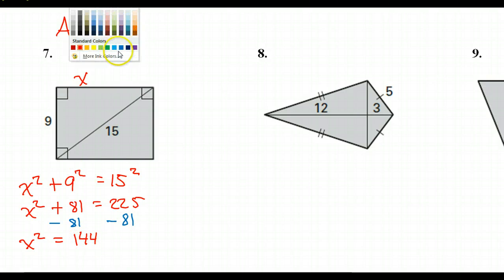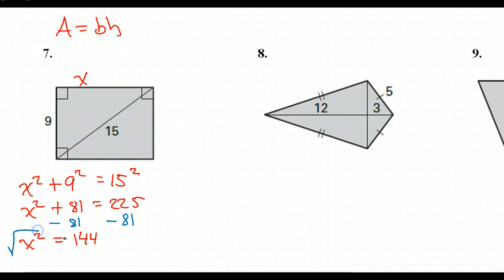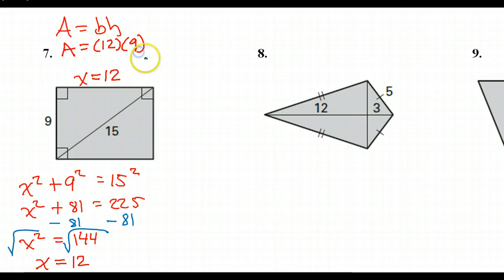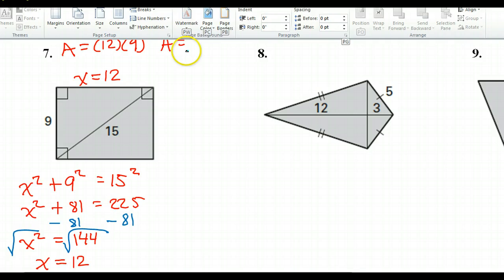Of course, now it's time to take the square root of both sides. And that's going to give me x equals 12. All right, so that tells me that this base is 12. So now I can go ahead and do the area formula. So the area is going to be 12 times 9. Okay, which tells me that the area is going to equal 108.